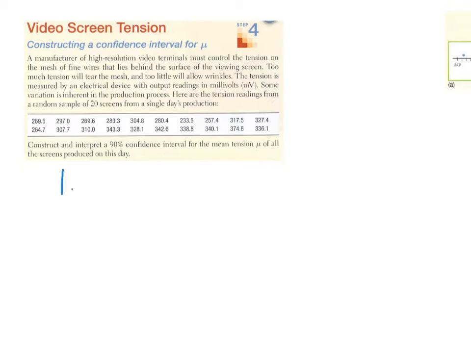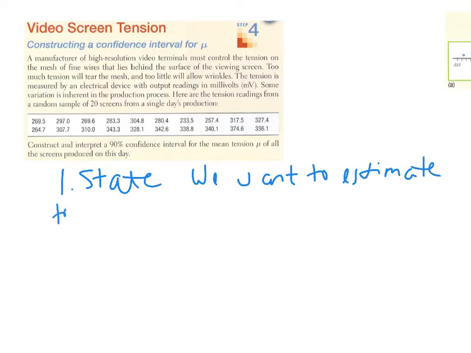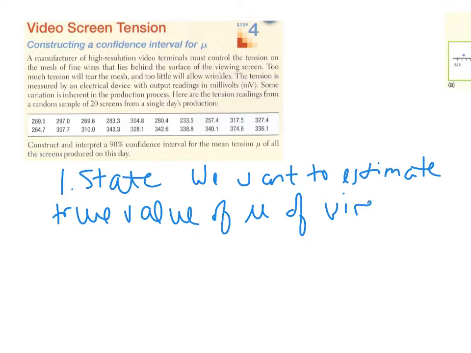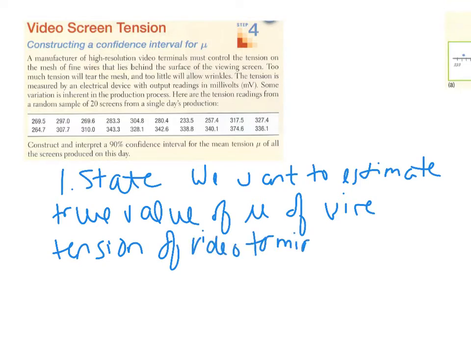So my first step, again, is to state what I'm doing. If I'm going to state what I want to do here, we want to estimate. Again, it starts the same every time. We want to estimate the true value of mu, the mean wire tension, because now we have to put it into context, of the video terminals that were produced on that particular day.